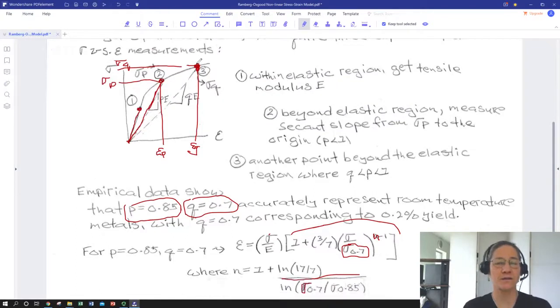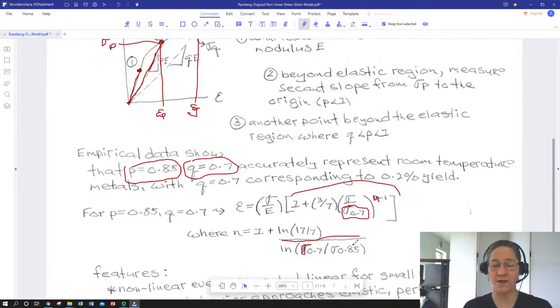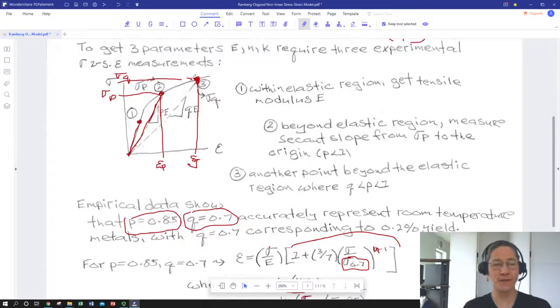So this stress divided by that stress. So that's going to be a positive value. We can calculate the natural log. It's defined. It's going to be less than 1 because the slope is smaller.